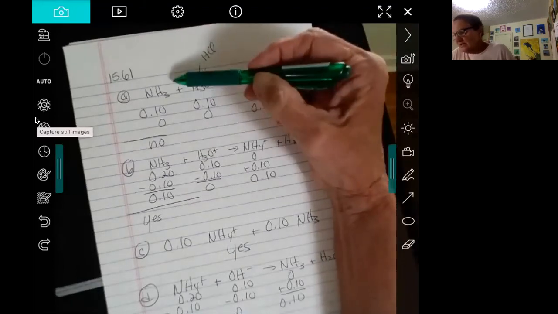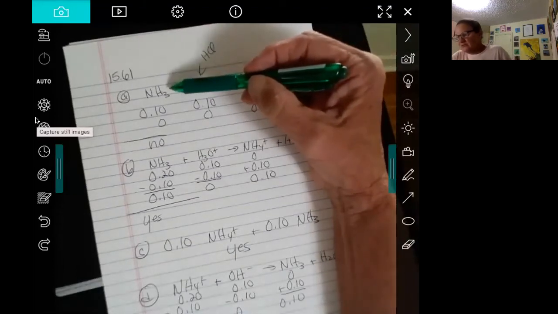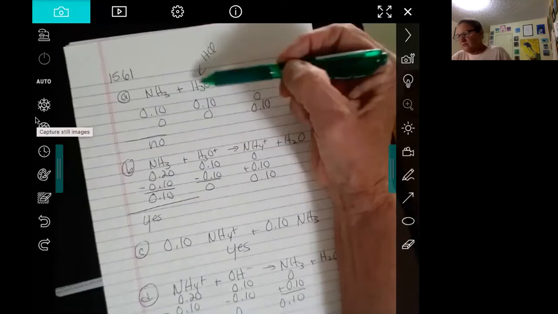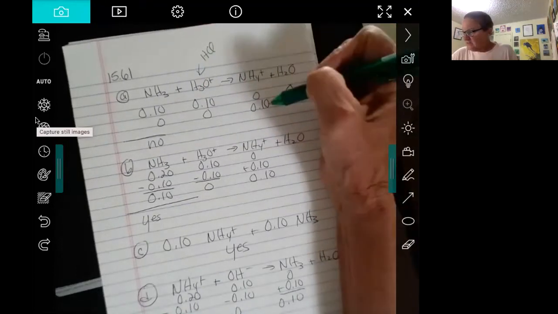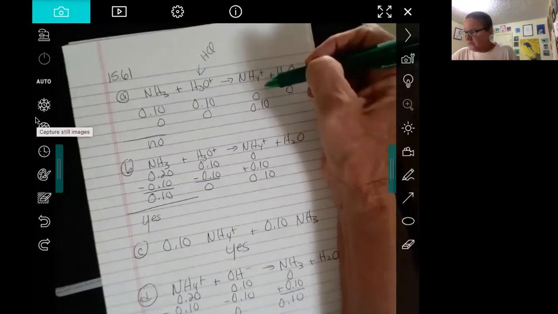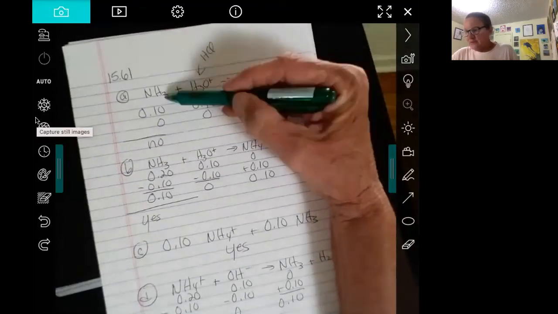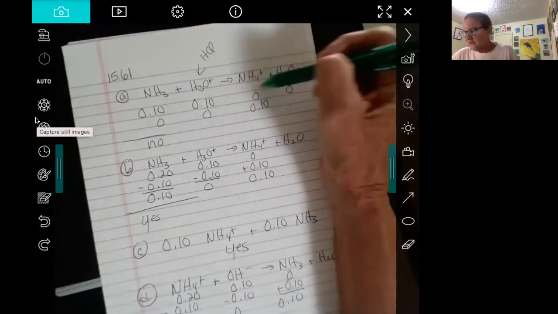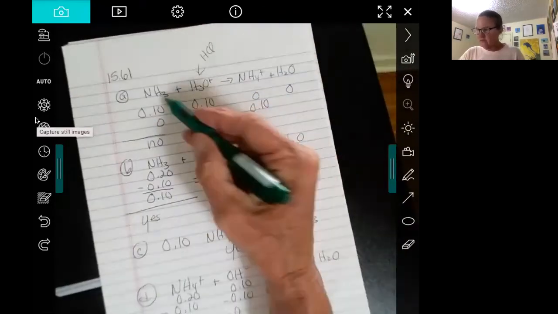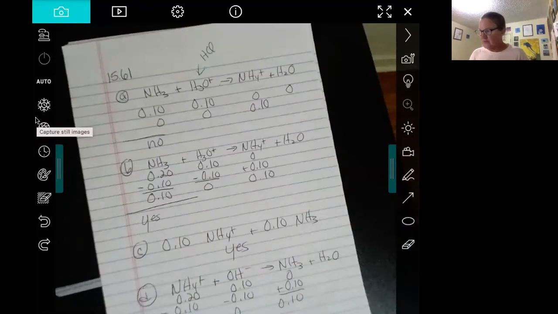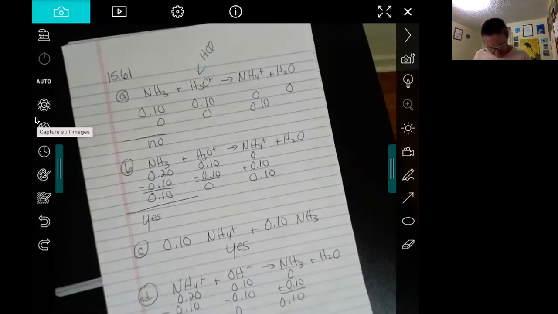So if you look at a Kn, a neutralization for a weak base with a strong acid, it's a very, very big equilibrium constant. So essentially it all goes to NH4 plus. So that means you've used up all the NH3 and you have NH4 plus, but that can't make a buffer because you used up all the NH3. You would have had to have some of that left over.